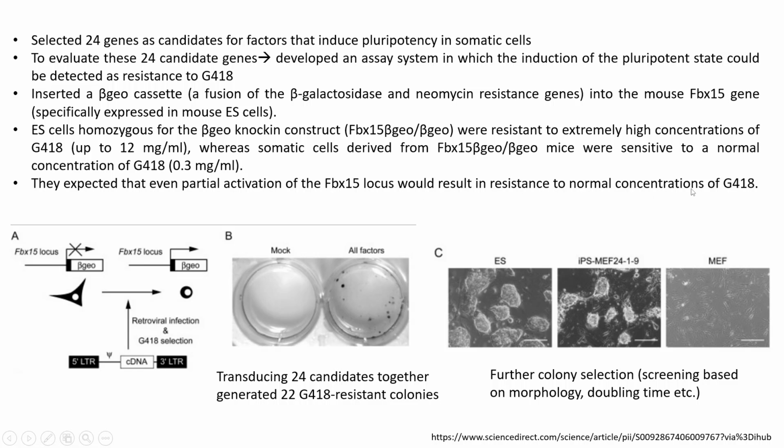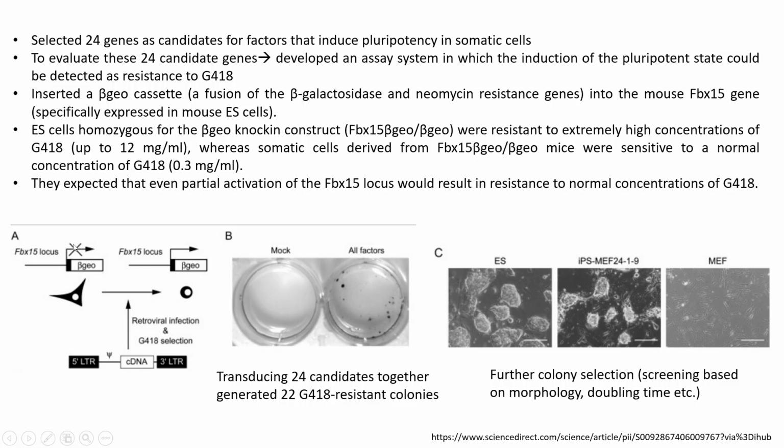It would result in some amount of resistance to normal concentrations of G418. Okay, so that was their readout. That's what they wanted to see, whether there is resistance or not, and also to visualize the colonies. They did the beta-gal. And this is what it looks like.